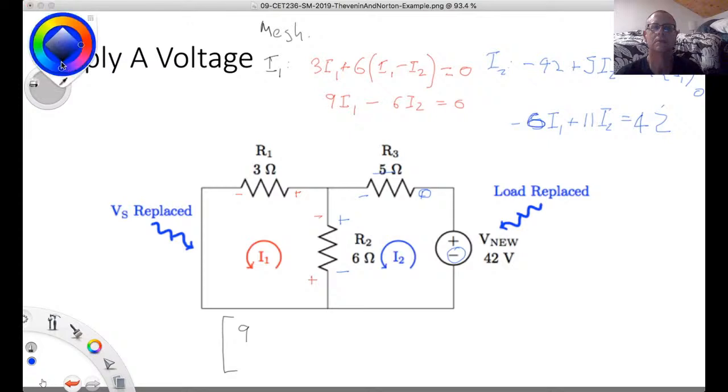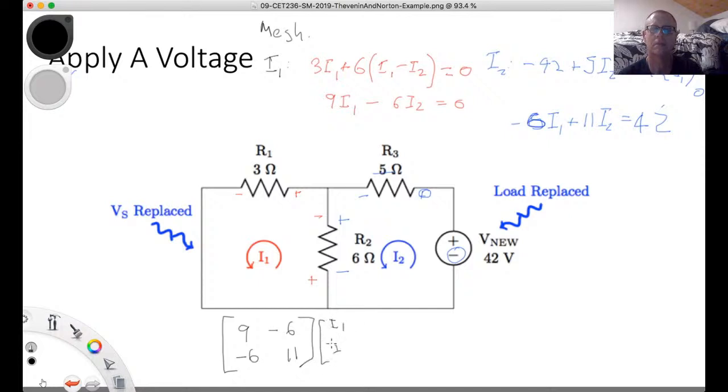So that means I get 9 and minus 6, and 11, times I1 I2, and that equals, in the first instance 0, in the second instance 42. So that's what I need to plug into my calculator.